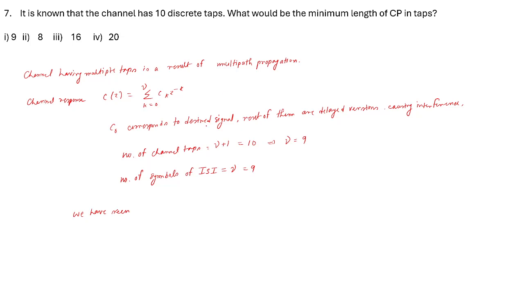So the length of the cyclic prefix should be greater than or equal to the number of symbols of ISI, which is inter-symbol interference.